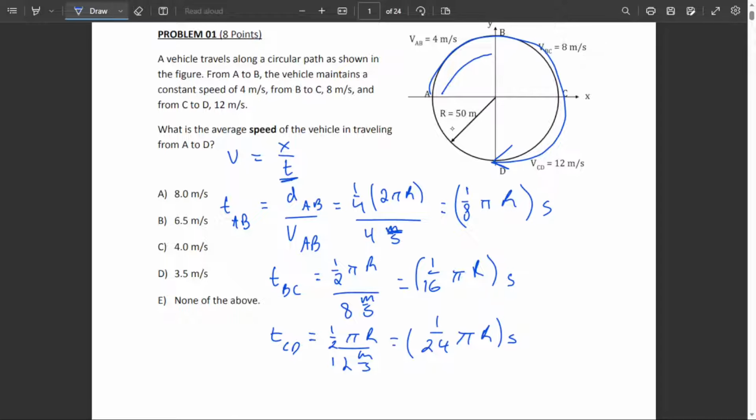Now we just need to know the total displacement. That's just 3/4 of the circle, so 3/4 times 2 pi r.